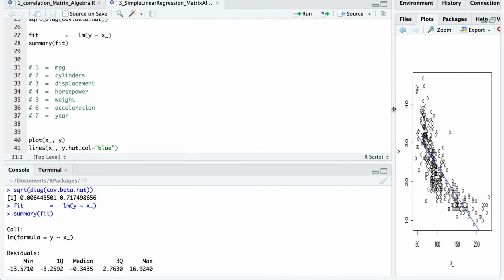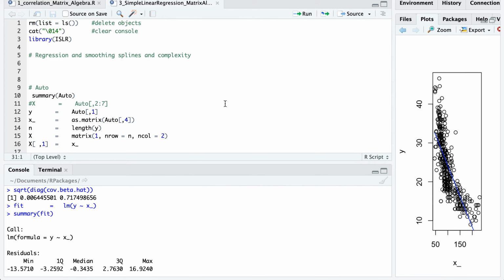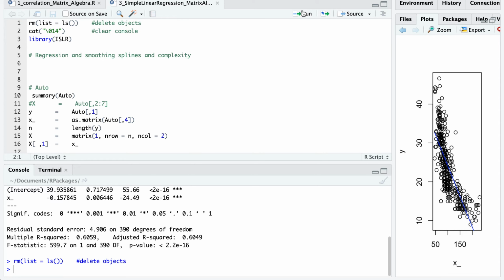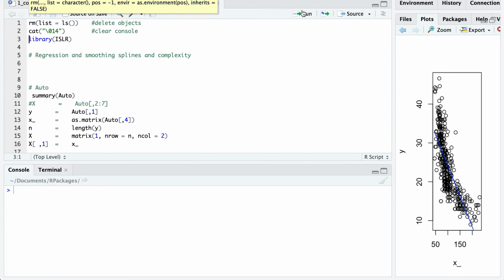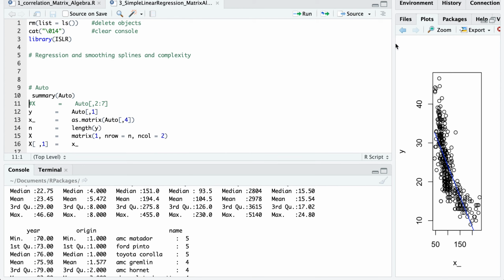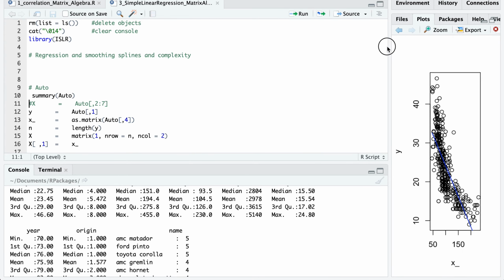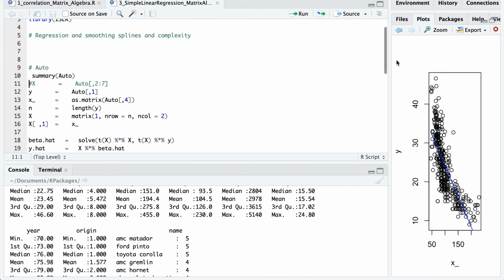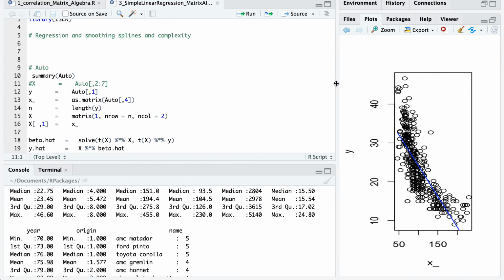So here's an example. In the first line, we just remove everything, erase the memory, clean everything, load the library, and we're working with the Auto data. Okay, what is Auto? Oh, you've seen it in the previous one.